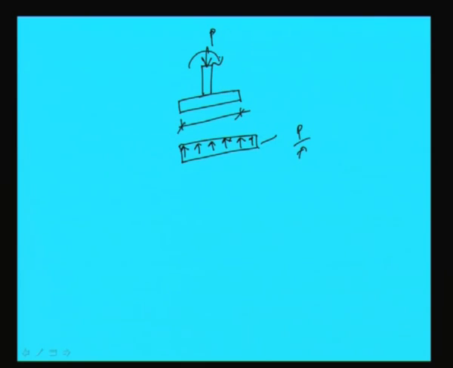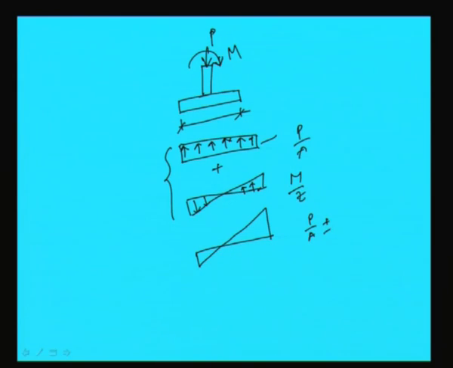Now if moment is also acting, then we know that due to moment, again such a type of pressure will develop, that is like this, right. So this will be M by Z, right. So now if we add these two, the resultant will become P by A plus minus M by Z, that will be sigma B, or sigma, the stress developed at any point.